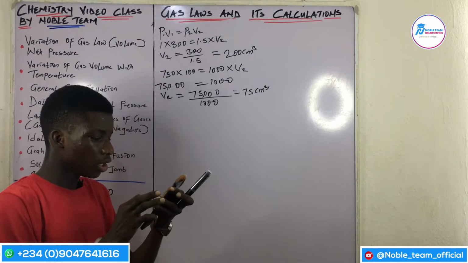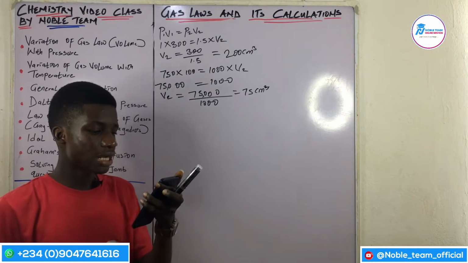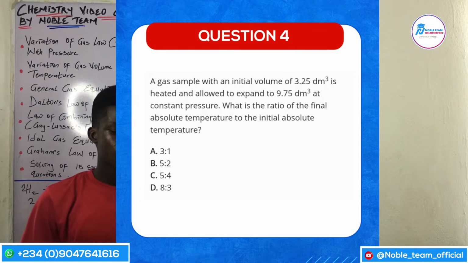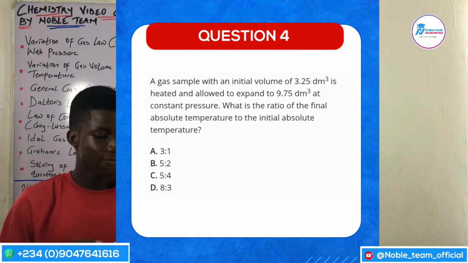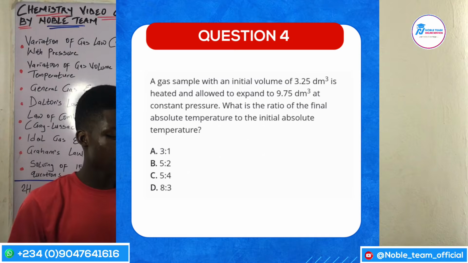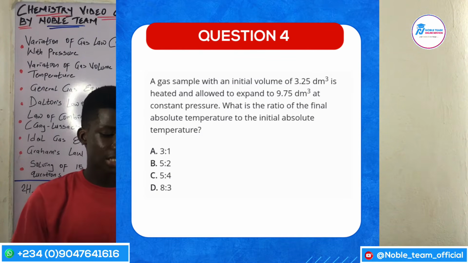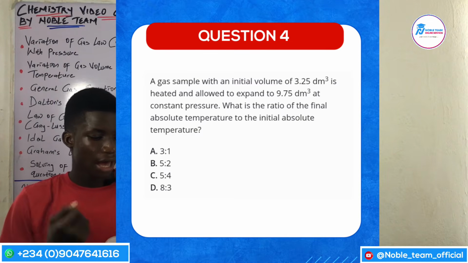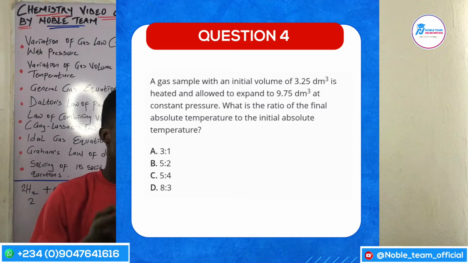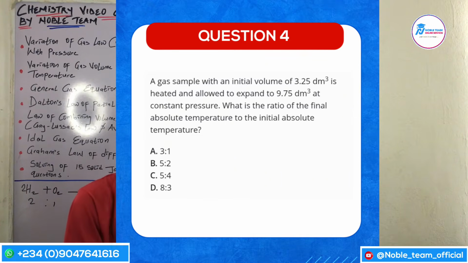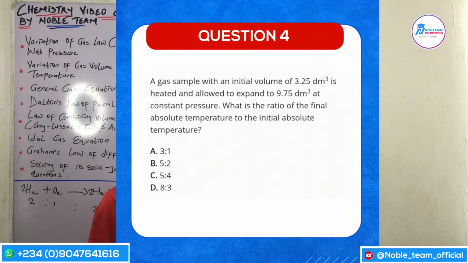Now let's look into question 4. Question 4 says a gas sample with an initial volume of 3.25 dm cube is heated and allowed to expand to 9.7 dm cube at constant absolute pressure. What is the ratio of the final absolute temperature to the initial absolute temperature?